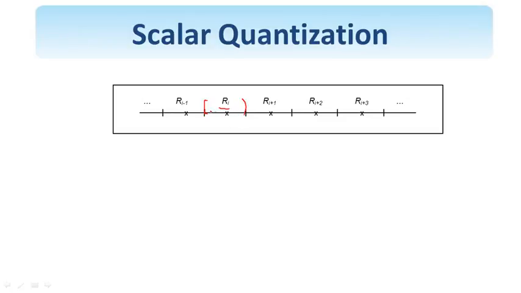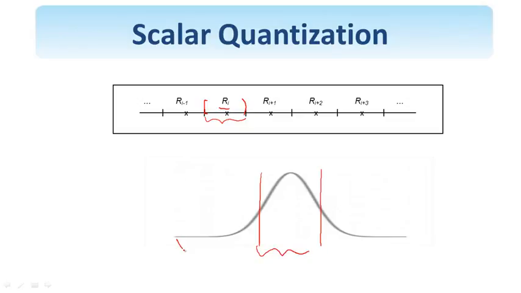So the interpretation is that all the values inside this interval here are mapped to R of I. Now, suppose we know the distribution of the intensity values of the input image by computing, for example, the histogram of the image. So assume that this distribution looks like this. So we have many more values concentrated in this region than in these regions over here.